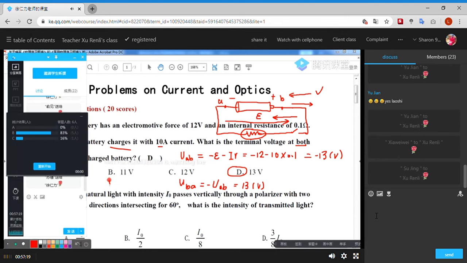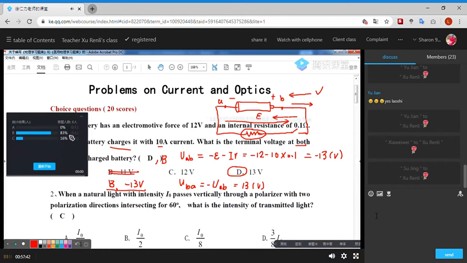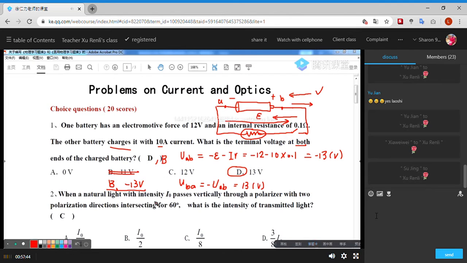If we change answer B to minus 13 volts, it's also right. Because here it is the terminal voltage at both ends of this battery.